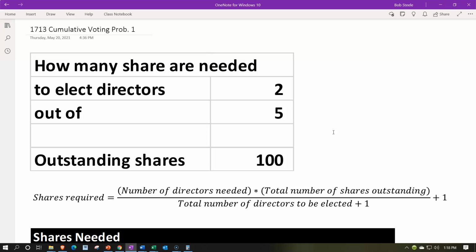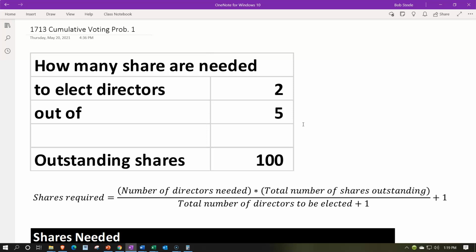So, for example, if you're in a corporate situation voting for the board, and the owners, the stockholders, are voting for so many people on the board, in this case we're going to say 5 people, then if someone had 51% ownership, and it was a vote for each of the 5 positions, you would believe that the person who has the majority ownership would basically win on each of those votes.